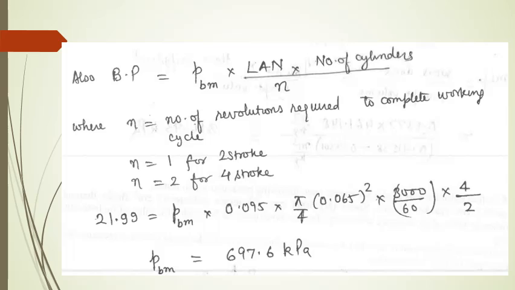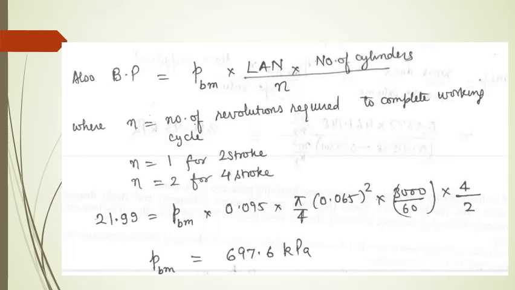Now the brake power can also be expressed by the expression p_bm, that is brake mean effective pressure, into L A N into number of cylinders upon small n, where small n is the number of revolutions required to complete one working cycle. This value of n is equal to 1 for 2 stroke and 2 for 4 stroke. L is the stroke length.